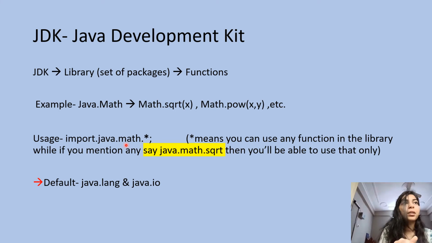Now here import is used as a call command. The library name is written to be specific. Which library do we need to call, and the asterisk symbolizes that you have called all the functions stored in the library, and in the library, like here we are talking about java.math, all the functions that are stored in java.math are being called, and any one of them can be used by you, right?